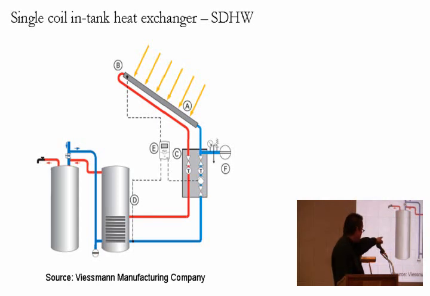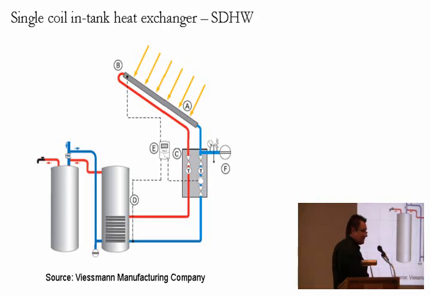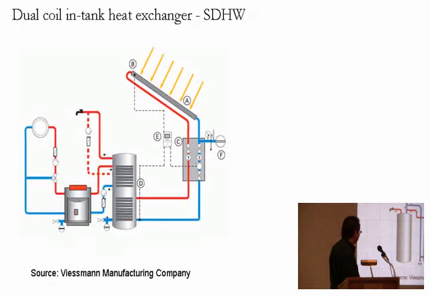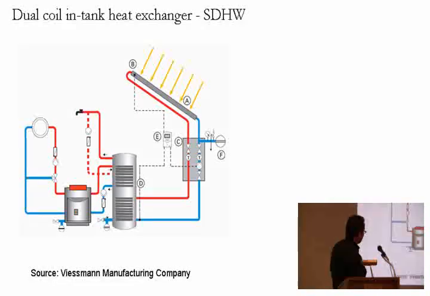And instead of having a heat exchanger and that thermal siphon loop, you have an internal coil in your solar storage tank. So this is basically what they call a forced system, so the flow is forced through this and then back up.